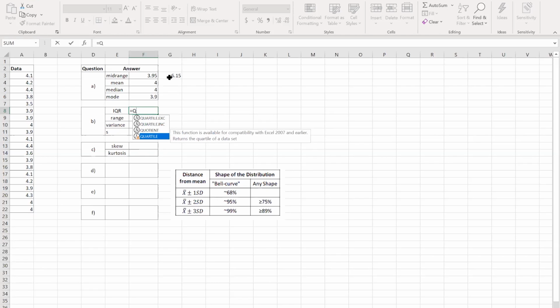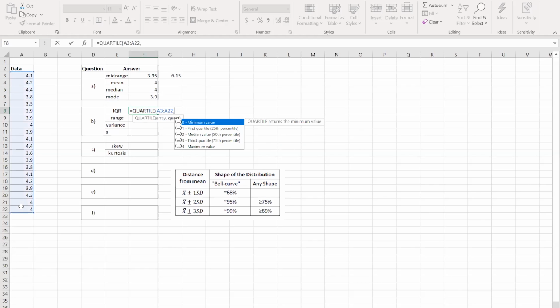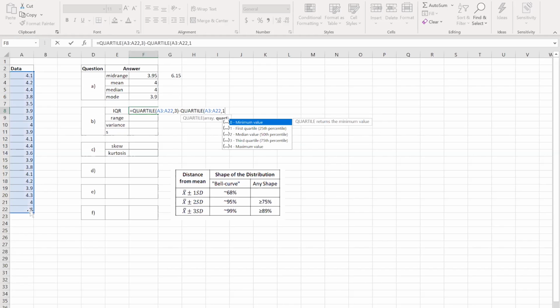I'm pretty sure that the regular quartile function also includes them, but we're going to stick to using this one. So we select the array, comma, 3 to calculate Q3, minus the first quartile.